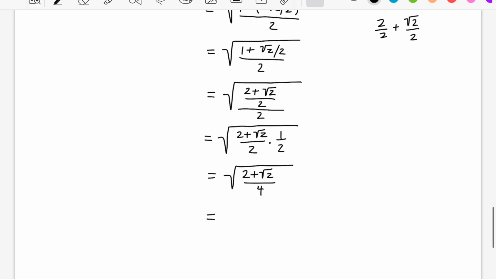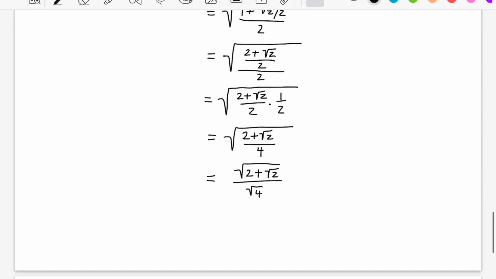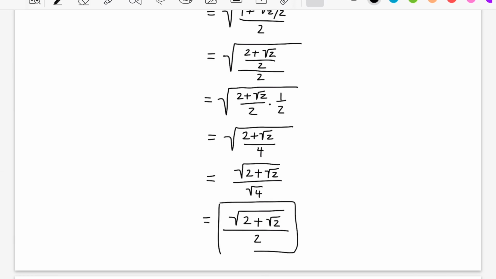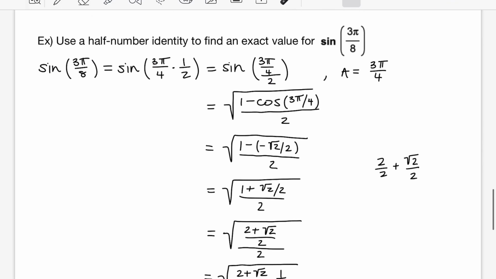And then in this case here, this will be the square root of 2 plus the square root of 2 all over the square root of 4, which we know is equal to 2. So this will give us the square root of 2 plus the square root of 2 all over 2. So 2 is not under our square root. So this will be the exact value for sine of this angle here.